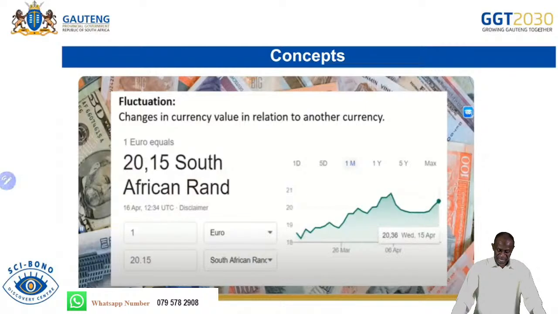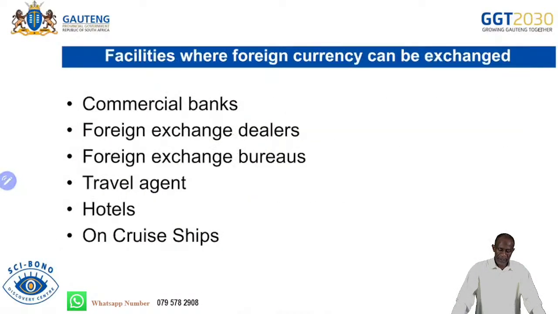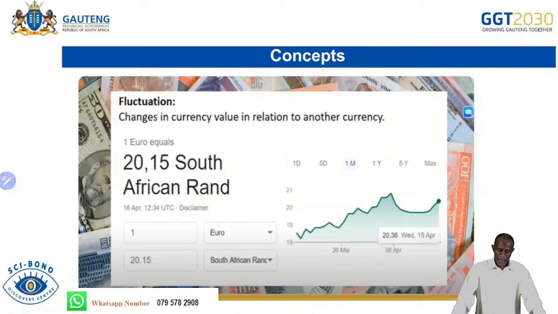An example given here: on the 16th of April, the exchange rate for €1 is 20 rand and 15 cents. And in the previous slide, if we refer back, it was just below 20 rand 15 cents.